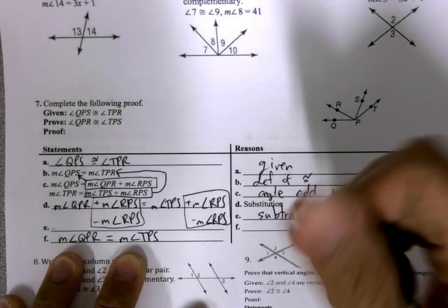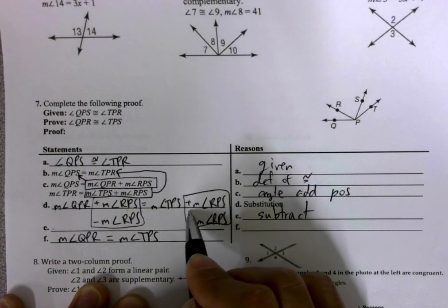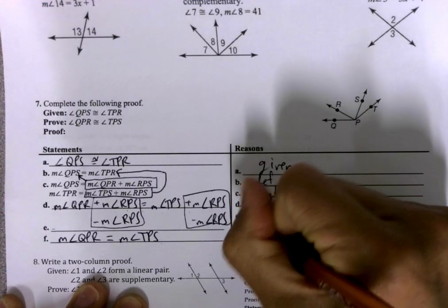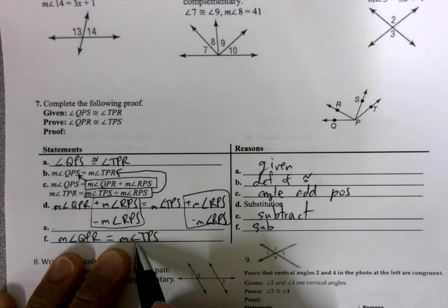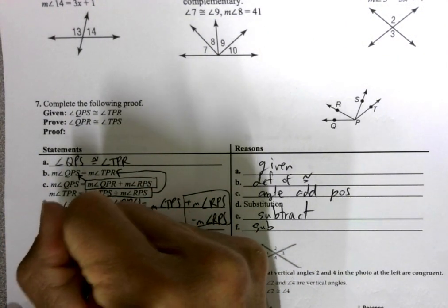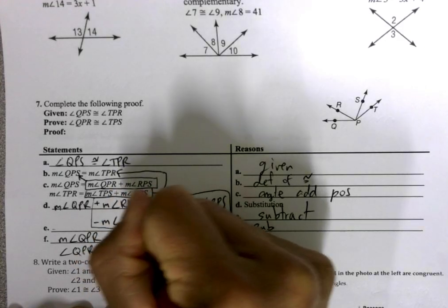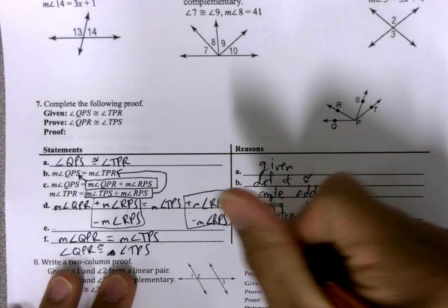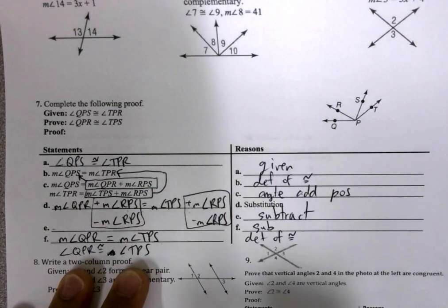What lets me get to that statement? Well, we're replacing an expression with what it's equal to. This is substitution. Lastly, we need to go from measures to a congruency statement, and so we say angle QPR congruent to angle TPS, and the reason is going to be definition of congruence. And we are done.